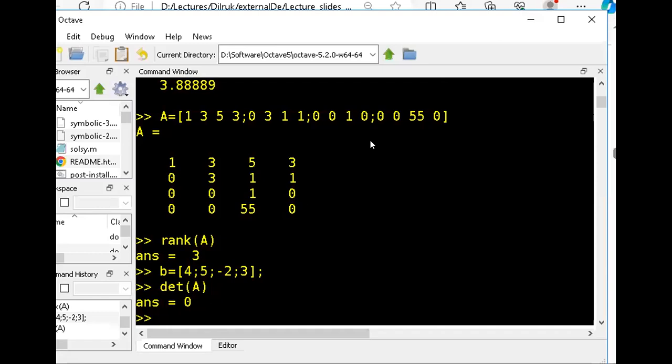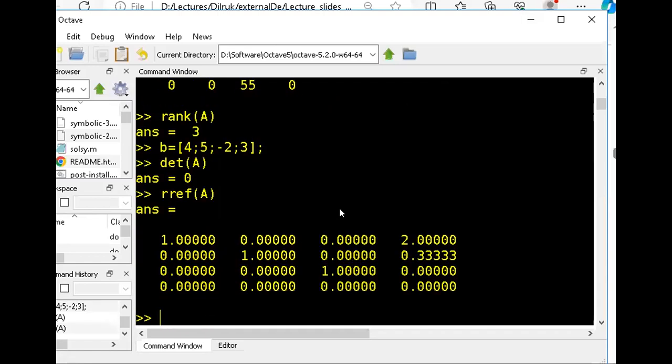Now there's the reduced row echelon form. This is a built-in function.